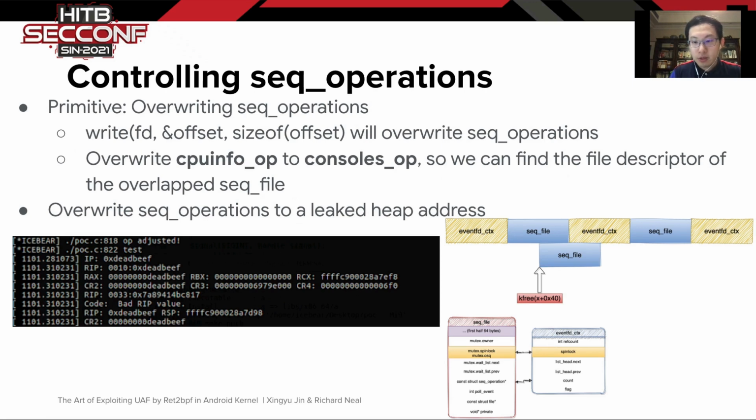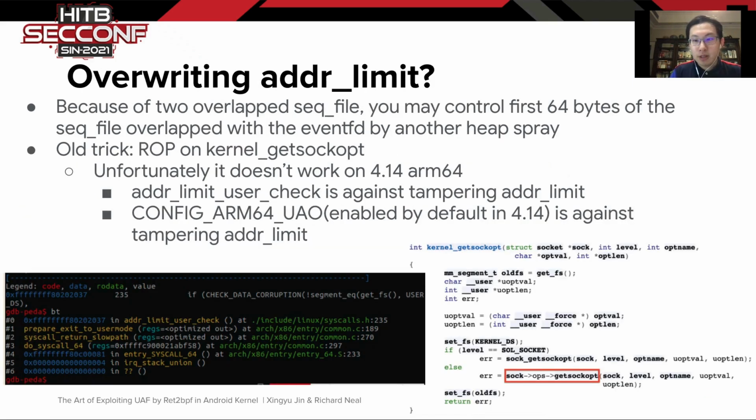As we mentioned before, the challenge here is how can we craft a seq_operations to control the kernel IP and perform privilege escalation? We might need to spray the seq_file structure again in order to ask the kernel to use the crafted seq_operations correctly. Otherwise, the kernel might crash.